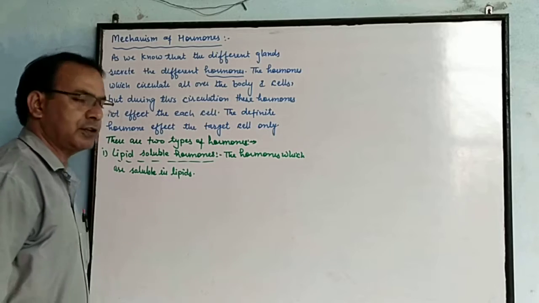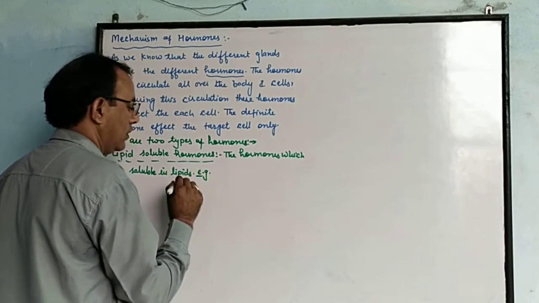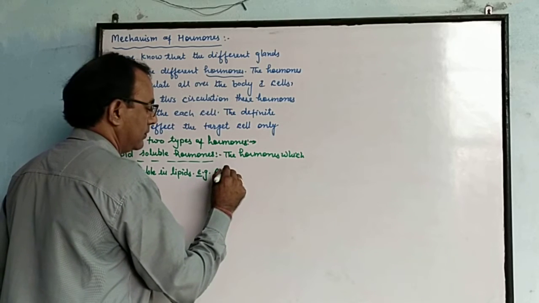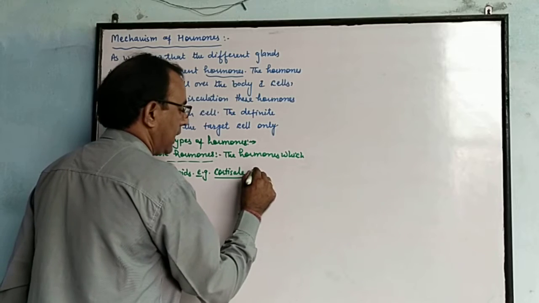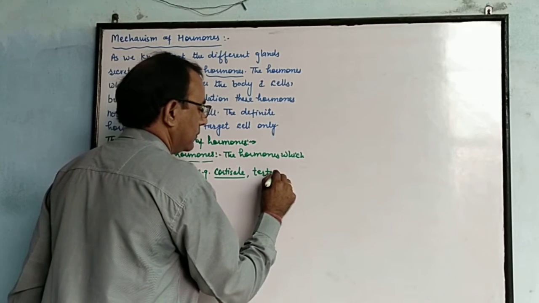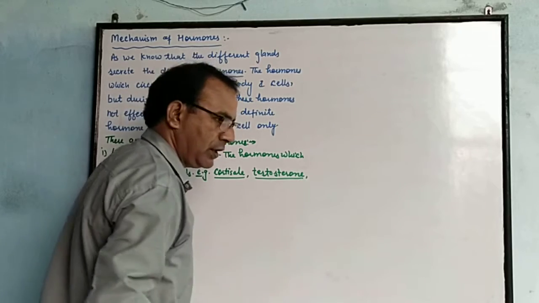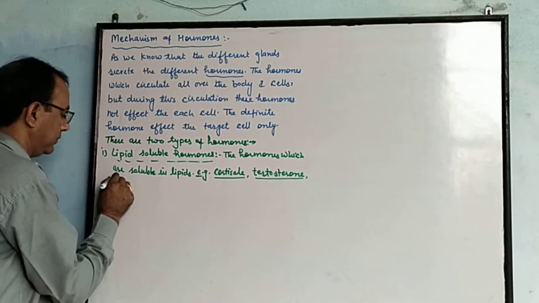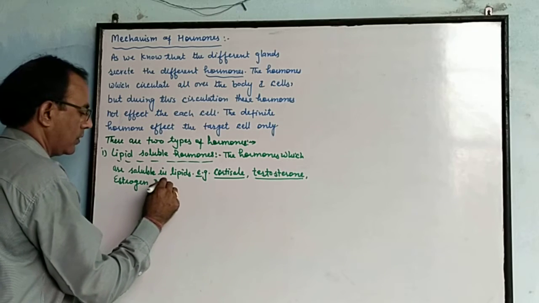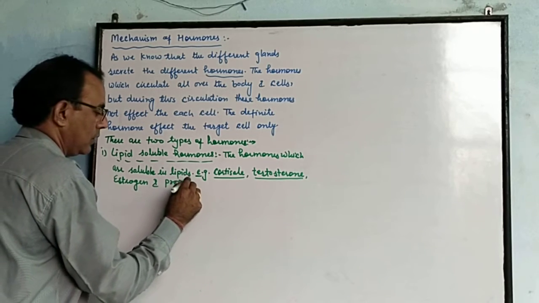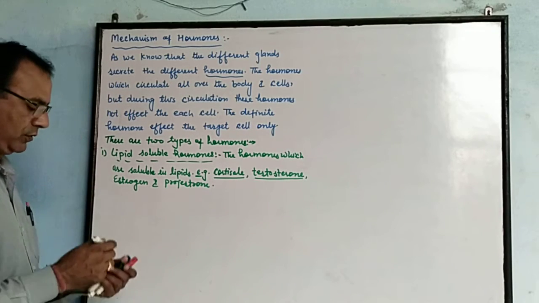Those are called lipid soluble hormones. For example, cortisol, testosterone, estrogen and progesterone. These are the lipid soluble hormones.